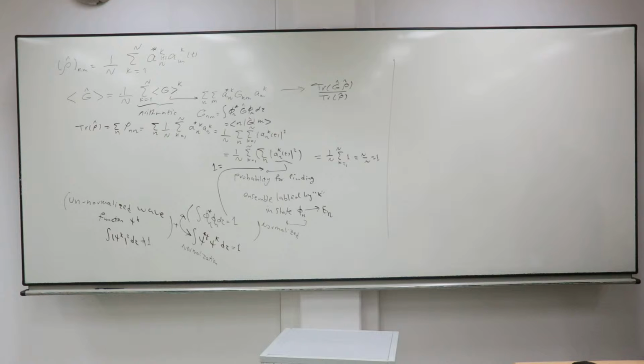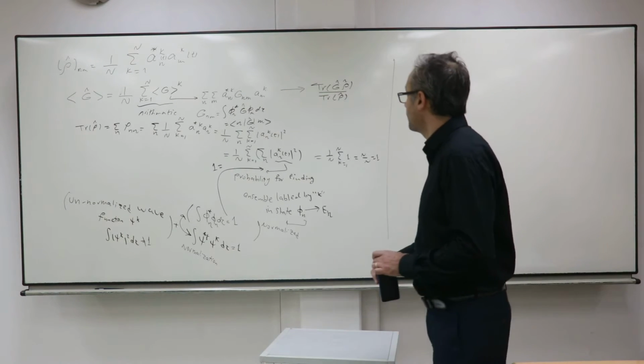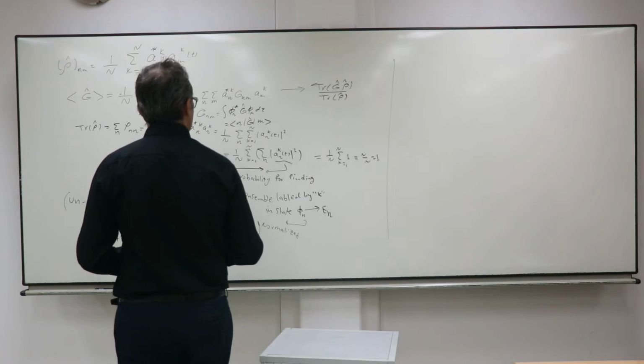The second proof was that I was trying to prove a theorem for rho. The theorem for rho was that rho squared should be rho. Yes, in the expectation value of G_nm, can we write it by alpha n G alpha m?